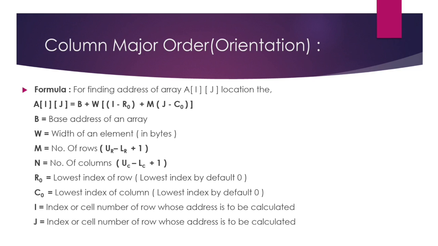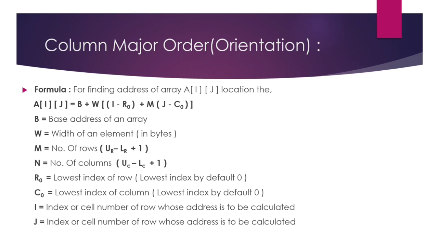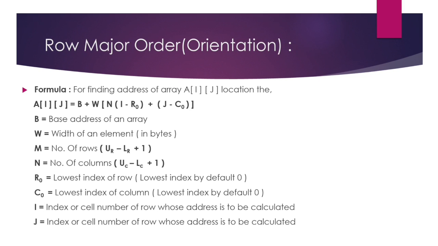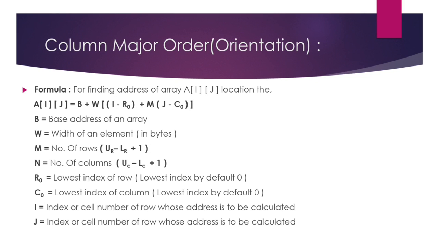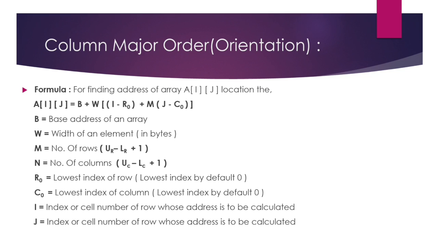In column major order and in row major order, the basic difference is M and N. The formula is the same for both of them. The difference is the placement of M and N. In row major order, N is placed in place of row. And in column major order, M is placed with the column.